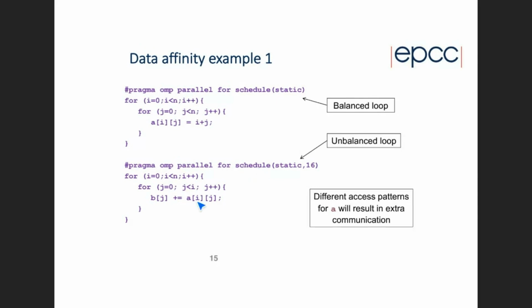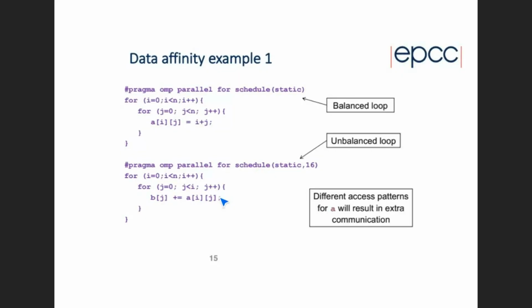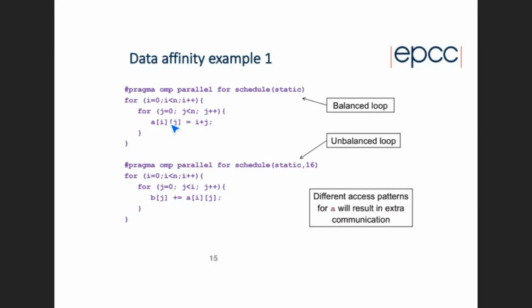So almost all of these reads are going to result in some communication between the caches. Because the write here will cause the elements of A[i][j] to be stored in the cache attached to the core where the thread that did the write was executing.